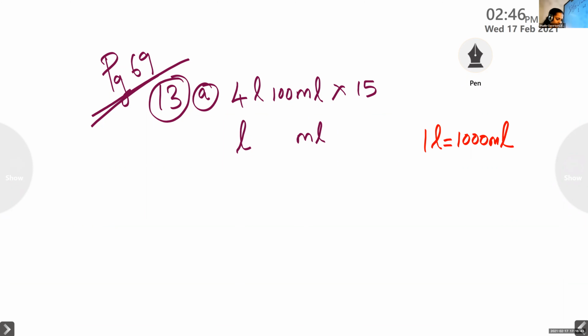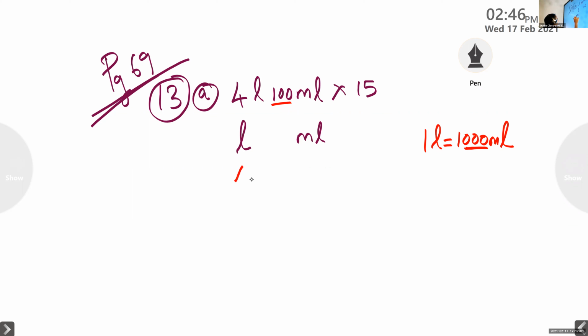So children, you have to be very careful. 1 liter is equal to 1000 ml. So how many zeros here, children? 3. Always check in the ml part, we should have 3 digits.